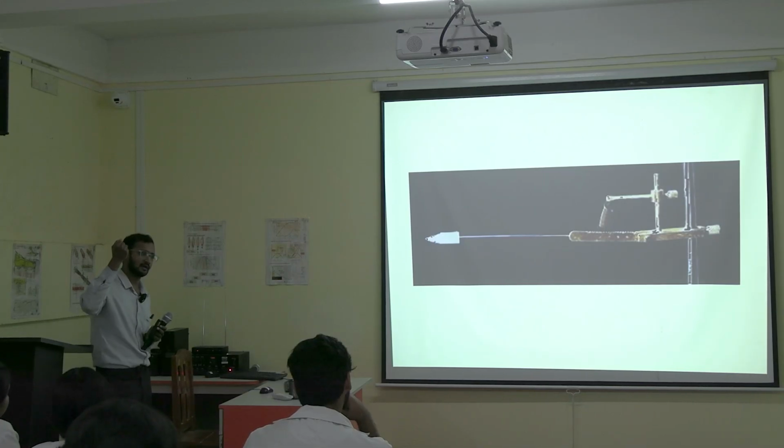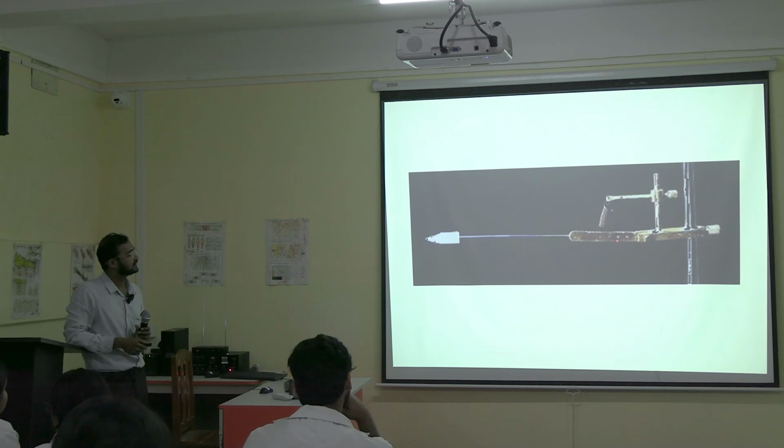When the heart contracts, it will pull the lever downwards, and the graph will be formed on the smoked drum. When the heart relaxes, the lever will come back to its original position with the help of this spring.